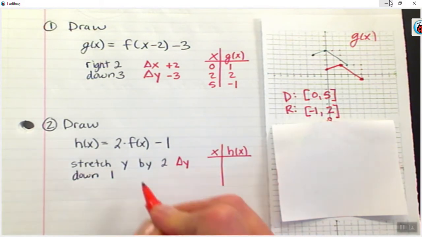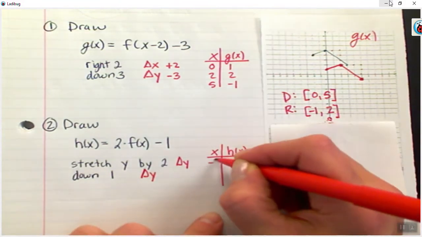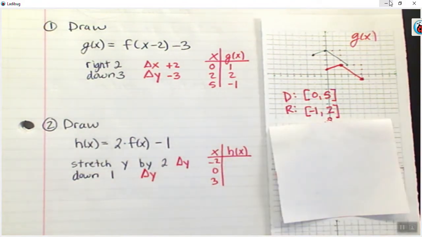Now, is there any changes on the x's? No. Then I'm just going to jot down my x's because they're not different. My x's aren't different, so I'm just going to copy them from the parent.